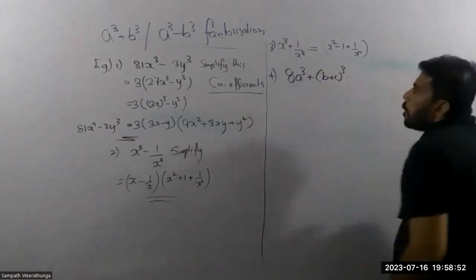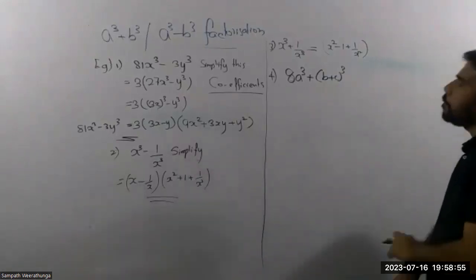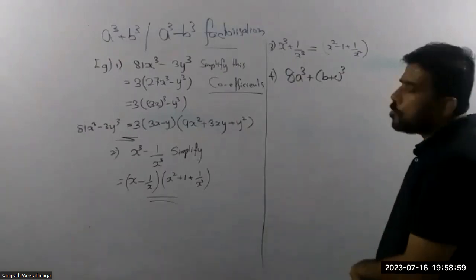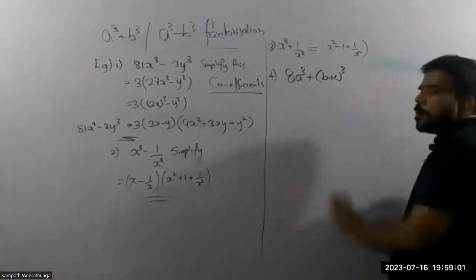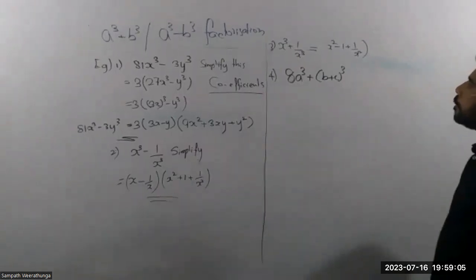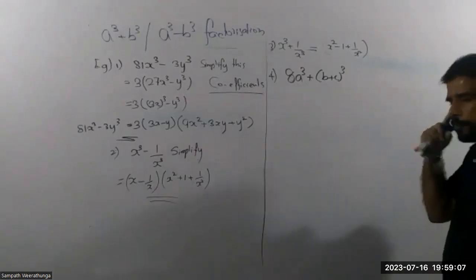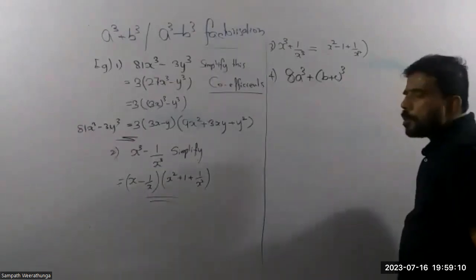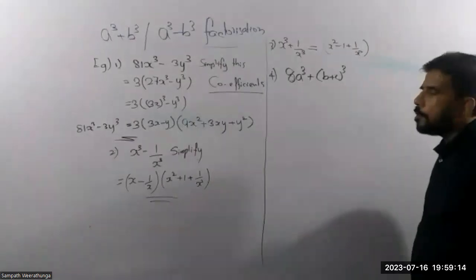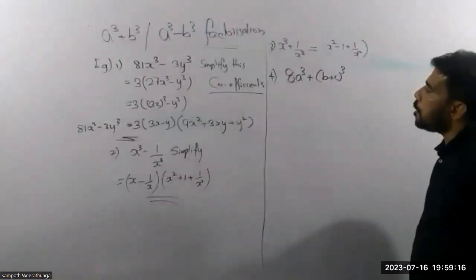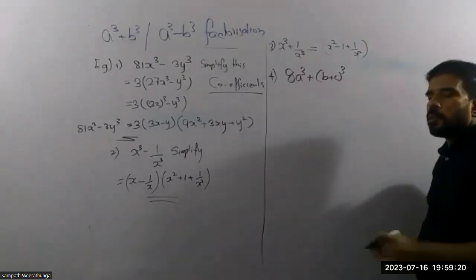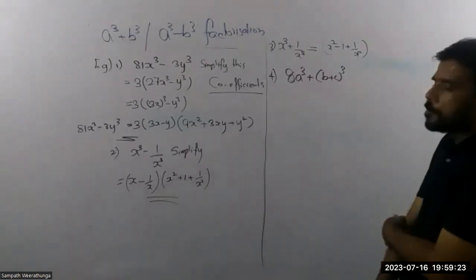The fourth example: 8a cube plus (b plus c) whole cubed. All right. Here the coefficient of a cube is 8. We should convert that into the third power of some number.